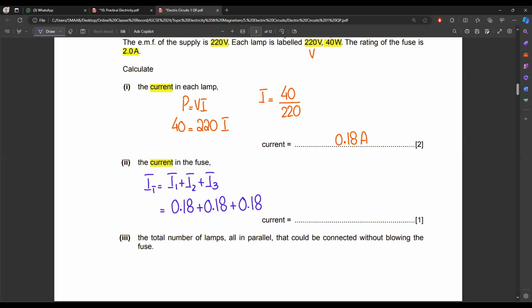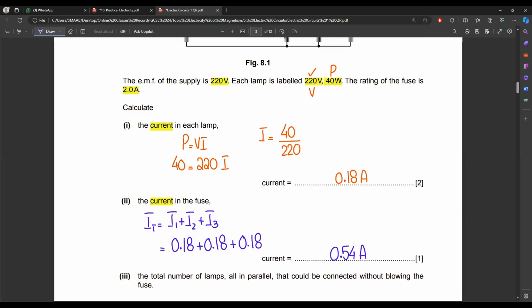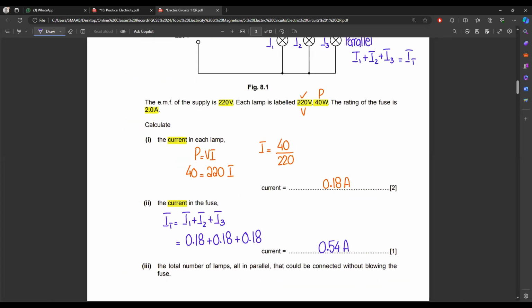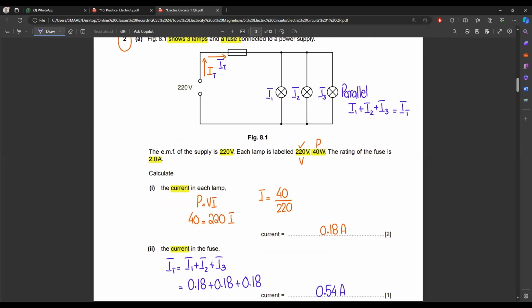0.54, yes. Wait, how is it 0.54? Is it because you're adding? Okay, yeah, you're right. Basically the reason behind this part is, the question is for 1 mark, but there is very deep logic behind it, because all lamps are in parallel, and in parallel current divides individually according to their strength of voltage and power.